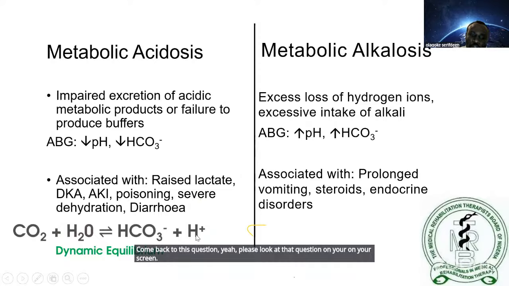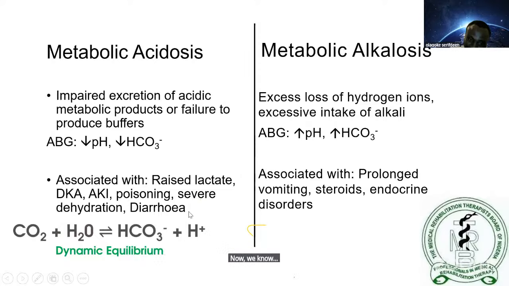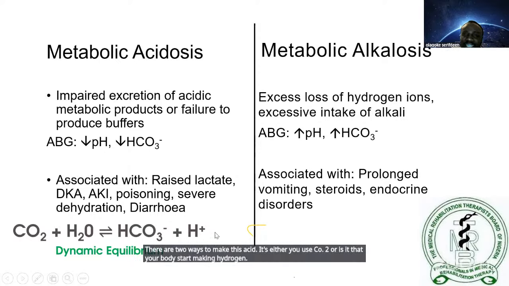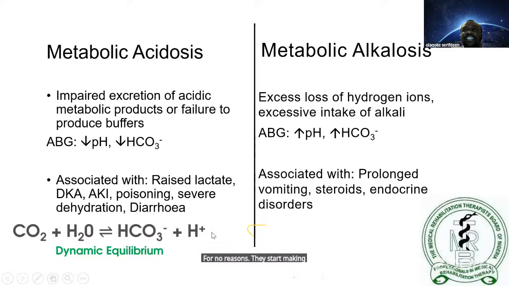Now, we know hydrogen is acid, right? The other time when I was explaining this, I explained that there are two ways to make this acid. It's either you use CO2 or your body starts making hydrogen for no reason. Let me give an instance.